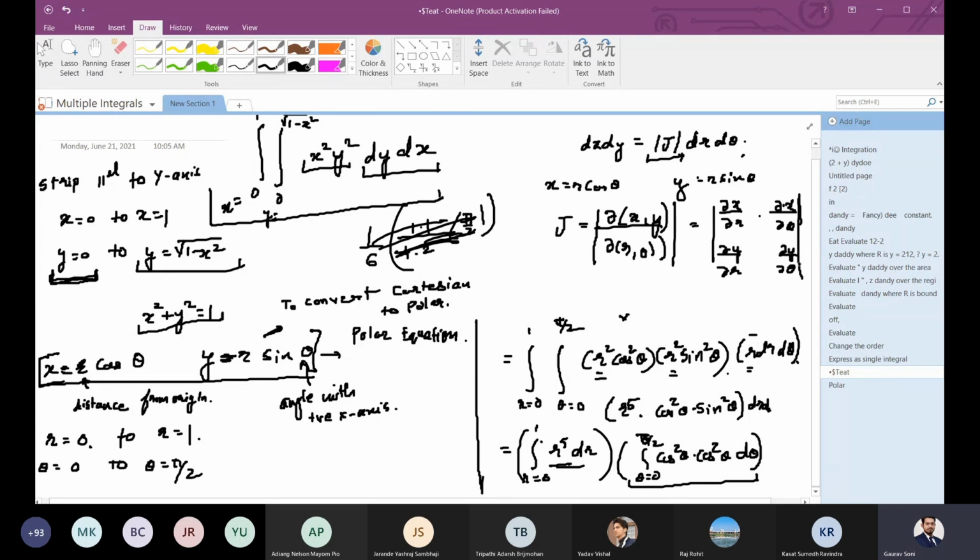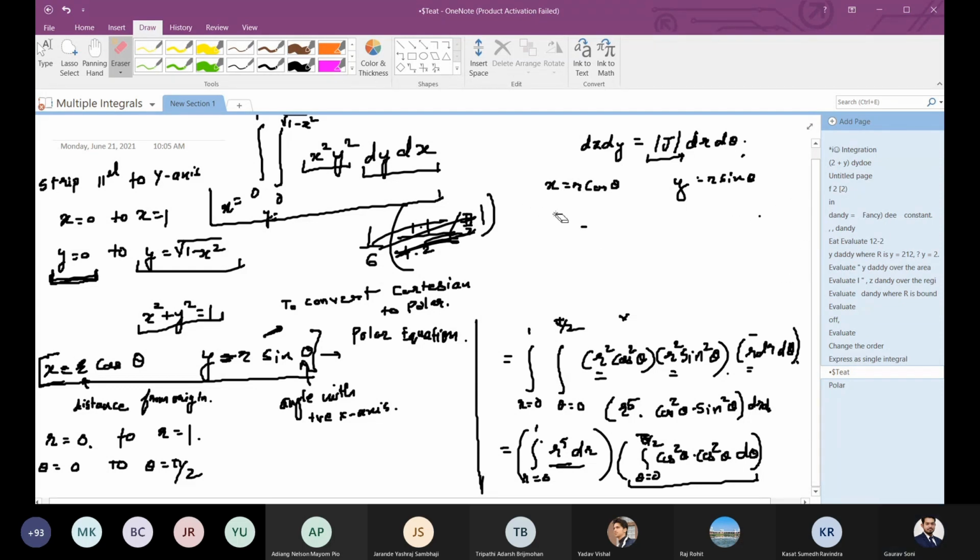So this is the formula for Jacobian. But anyways, if you don't remember that, nothing to worry about. The Jacobian for polar coordinates is always r. So whenever you are going to transform a Cartesian equation to polar, then dx dy will be replaced by r dr d theta. Okay, so this is the idea.